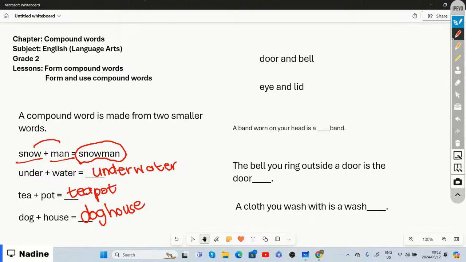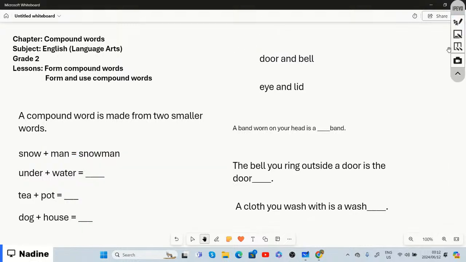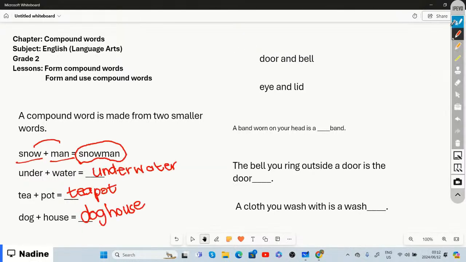All right, so now we're going to look at these two. It says a door and a bell. So door and bell. What do we call that?